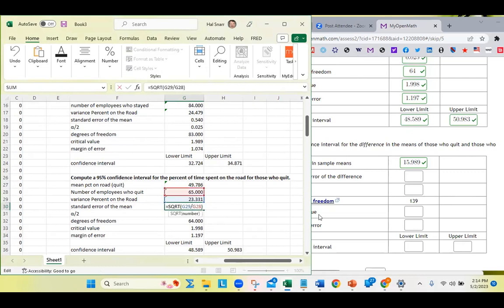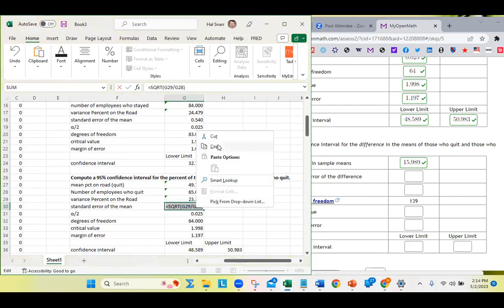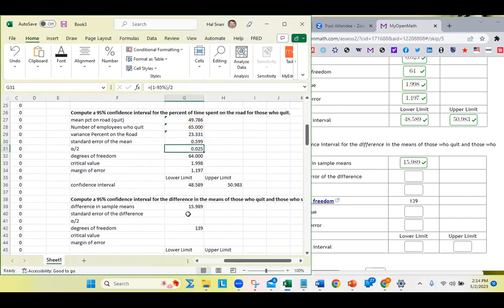I'm going to double click the standard error of the mean, which is in row 30, and copy the equation inside that box. I'm going to paste it down here. It should give you the same number.